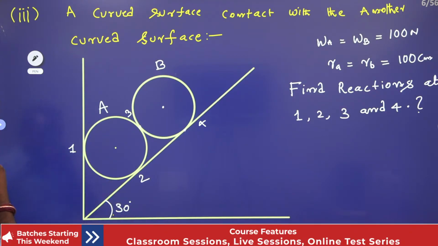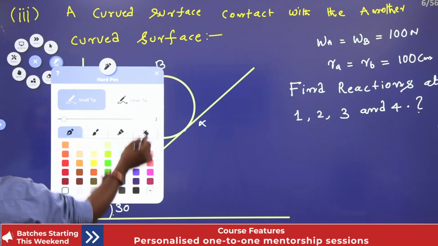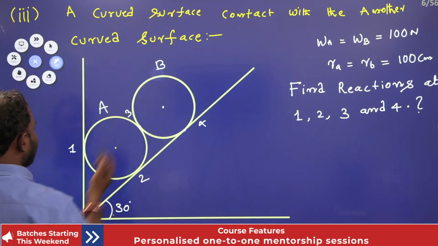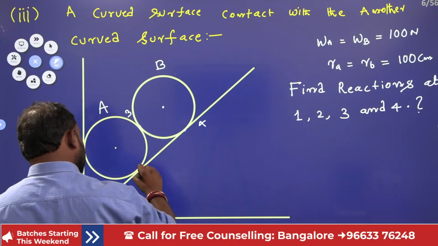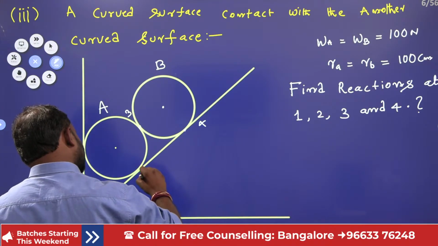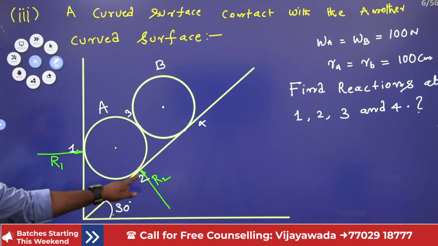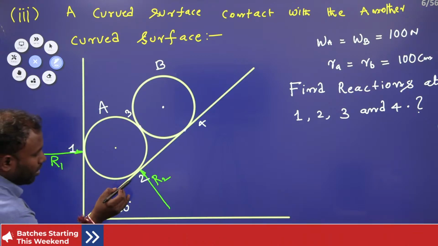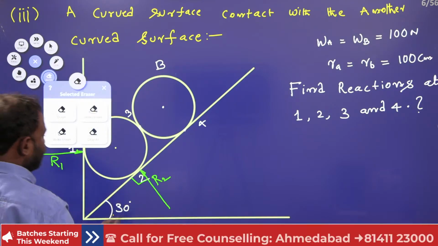Okay, right. Now let us see guys. Suppose I remove this vertical plane, then what happens? My reaction will act like this, R1, right? If I remove this, my reaction force R2 acts exactly perpendicular to the surface, it is going to act like this.